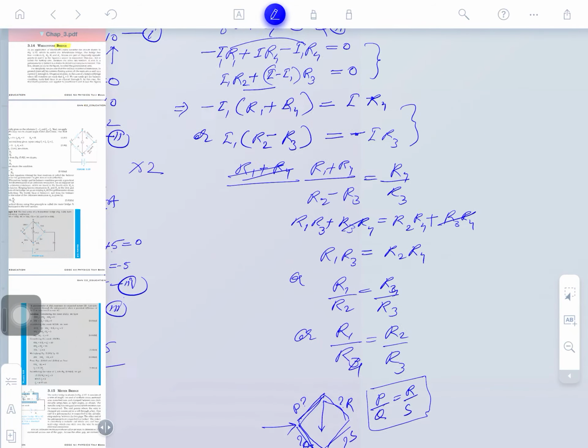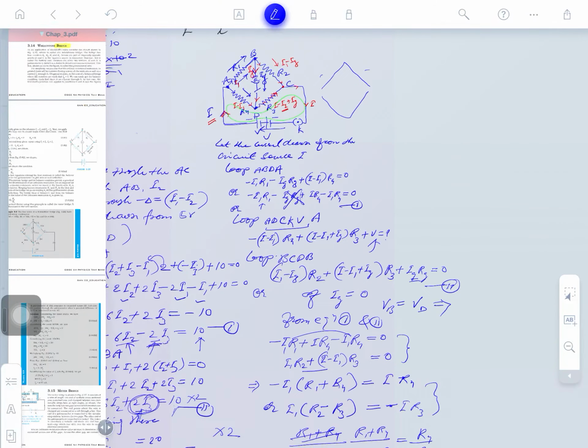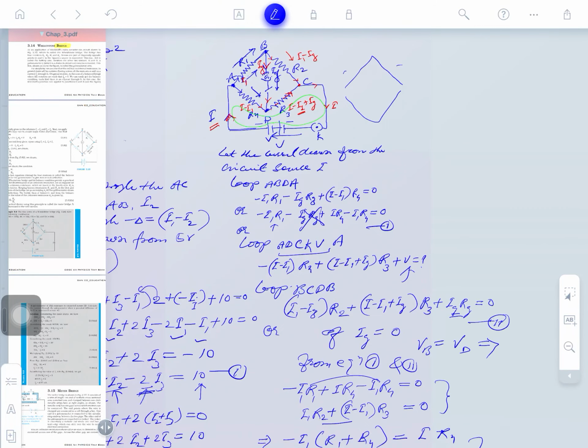This statement is called the Wheatstone bridge principle. So what do you understand by the Wheatstone bridge principle? Please write it down. When 4 resistors are connected along the 4 sides of a quadrilateral, and along one diagonal a source is connected, and along the other diagonal a galvanometer, a current detecting device, is connected, is that clear?